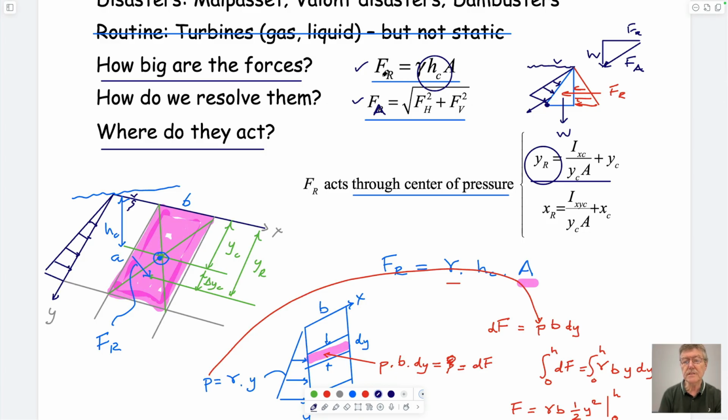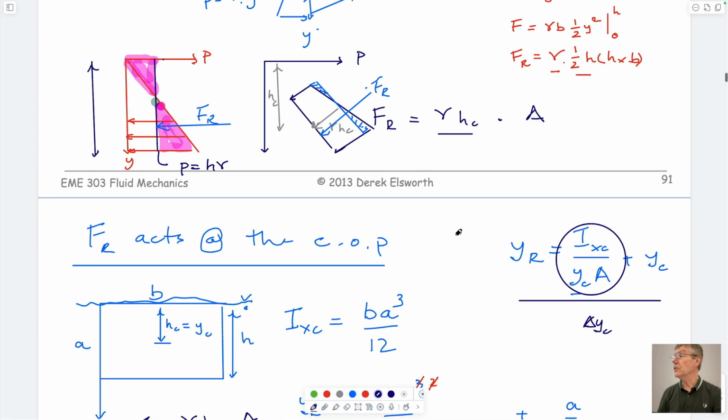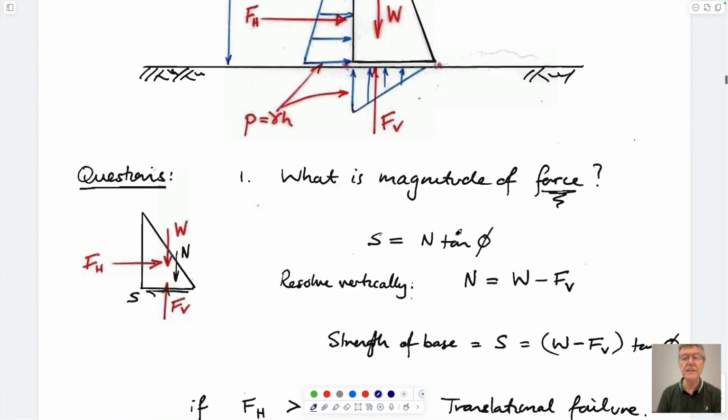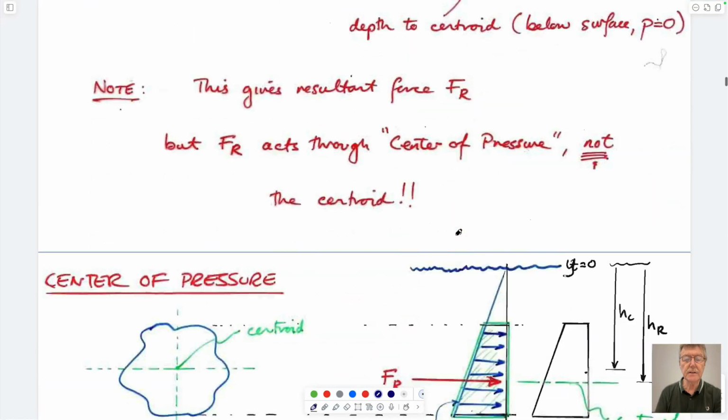One is the force of the resultant that acts on a plane, which is a function of a number of different parameters, and its location of action. And so those are the two things that we need to know. But once we have those, then we'll do some examples that take that information and look at failure modes of different structures to be able to do something useful in an engineering sense. And so that's our goal today.